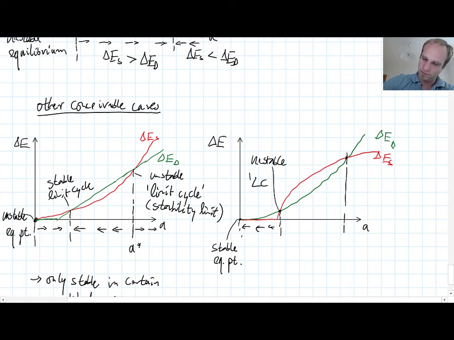I call it LC, limit cycle. And this here again would be a stable limit cycle.